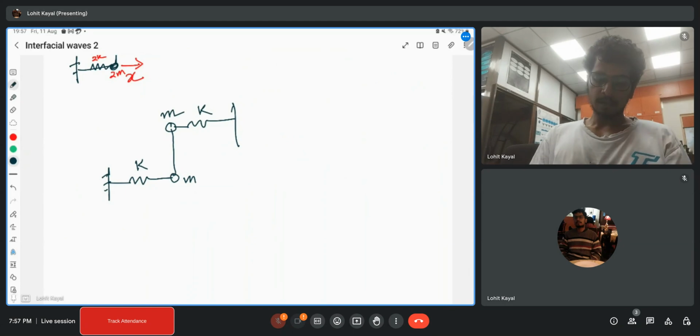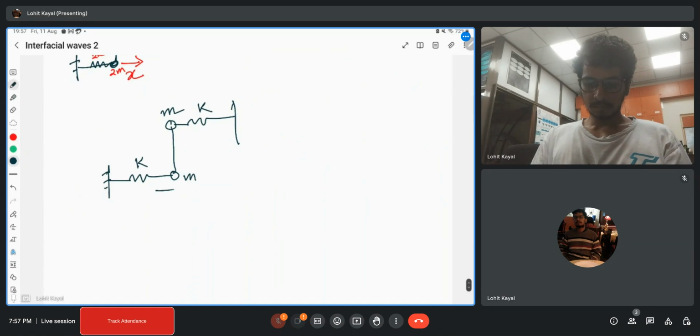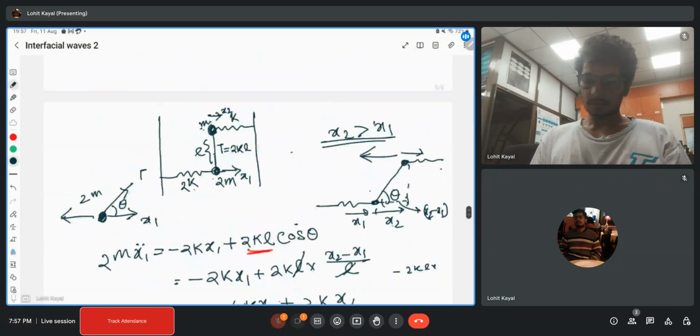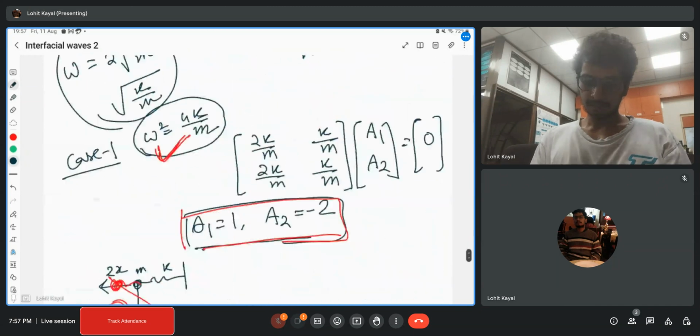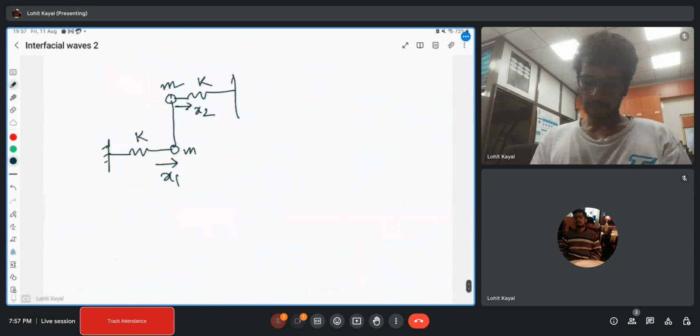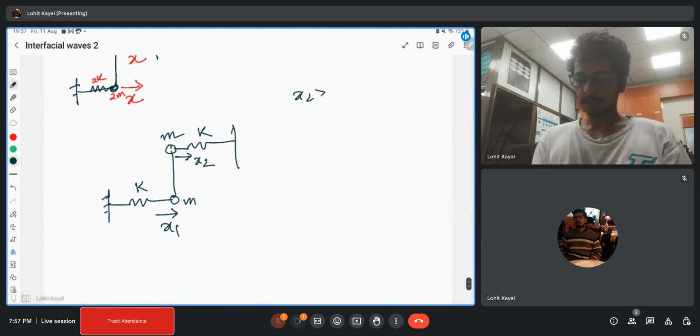All right, give perturbation x1, give perturbation x2. What was my previous assumption? That x2 is greater than x1.